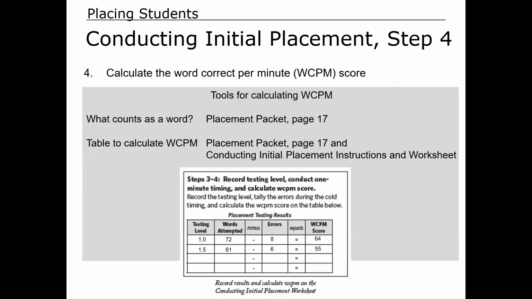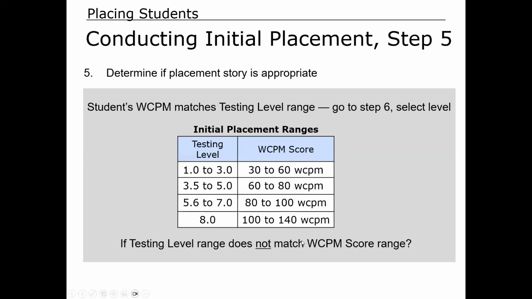When you calculate words correct per minute, you're going to keep track of how many words they attempt, keep track of how many mistakes they make, and you're going to write it on your little worksheet that I showed you. After you do the math, you're going to get a words correct per minute score, which you're going to plug into this table. If the testing range matches, you're done.